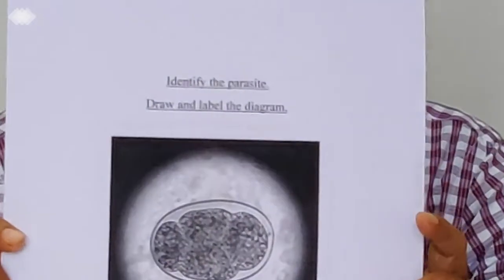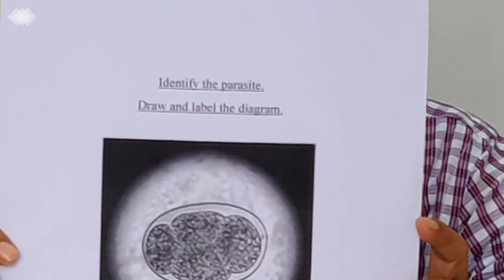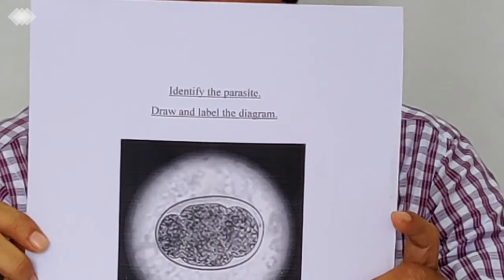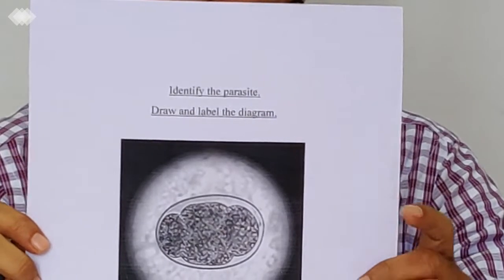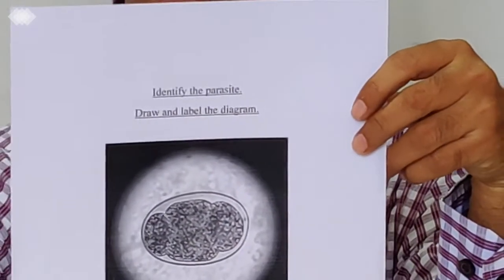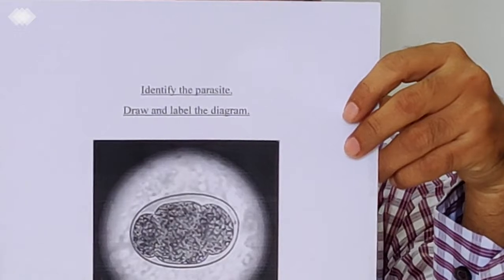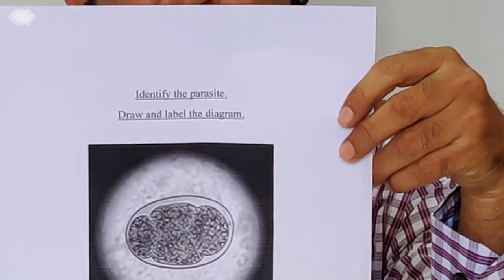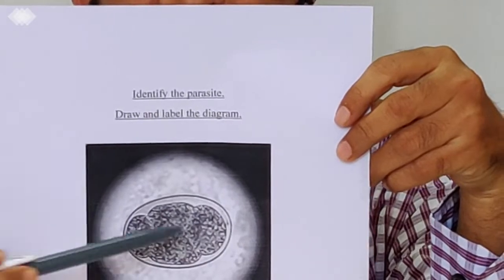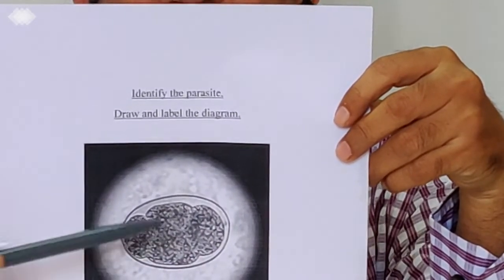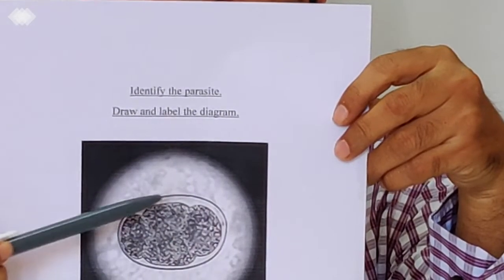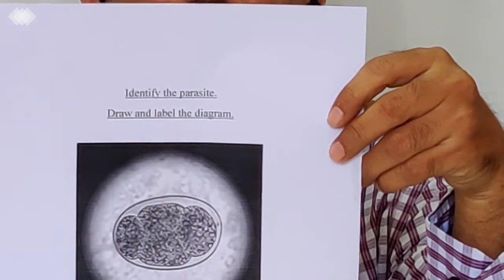Next, this is hookworm, another very common intestinal helminth, one of the major causes of anemia in developing countries. Now you see this egg, the size is around that of roundworm, around 60 to 80 micrometers, but it is non-bile stained, and you can see a clear shell and a segmented ovum.